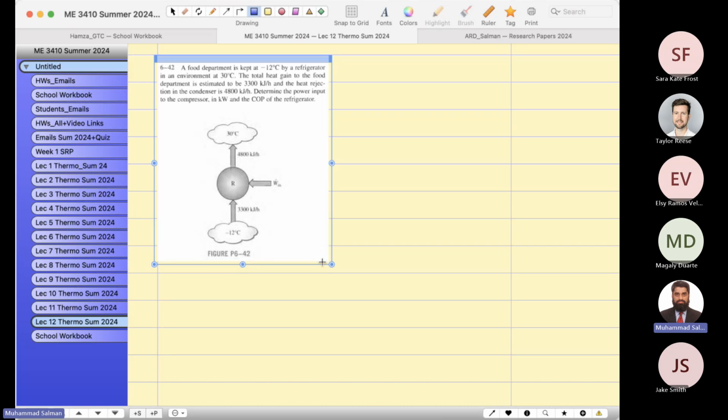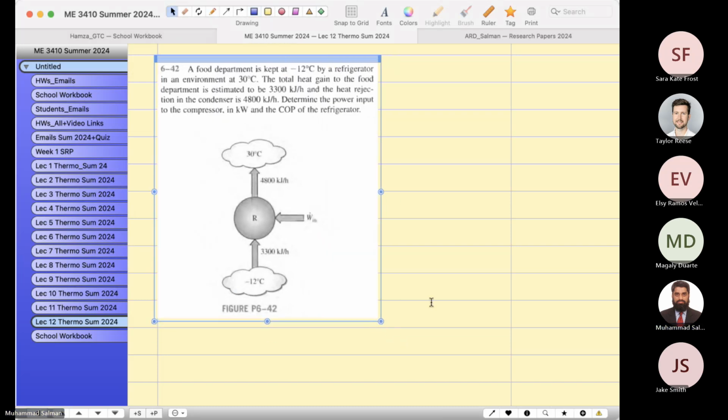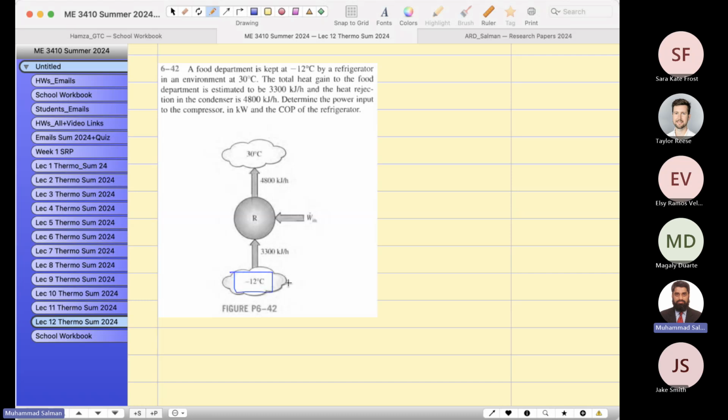Okay, let's do this problem. Our food department is kept at -12. So this is the food department.